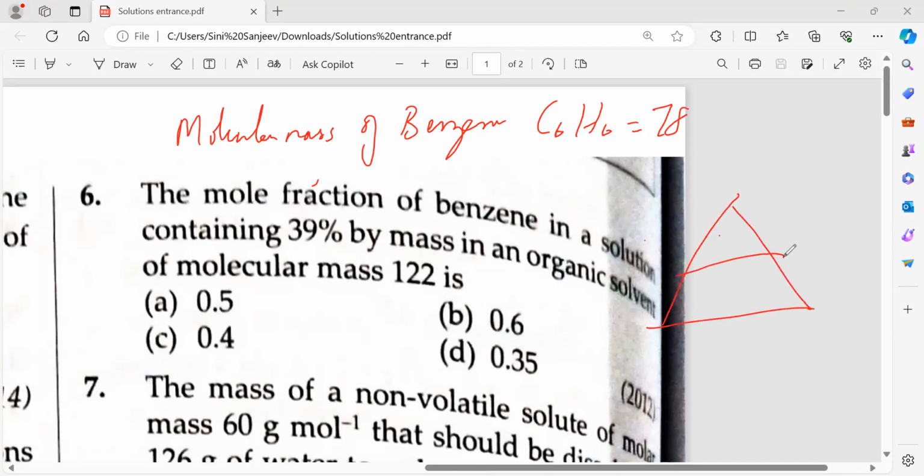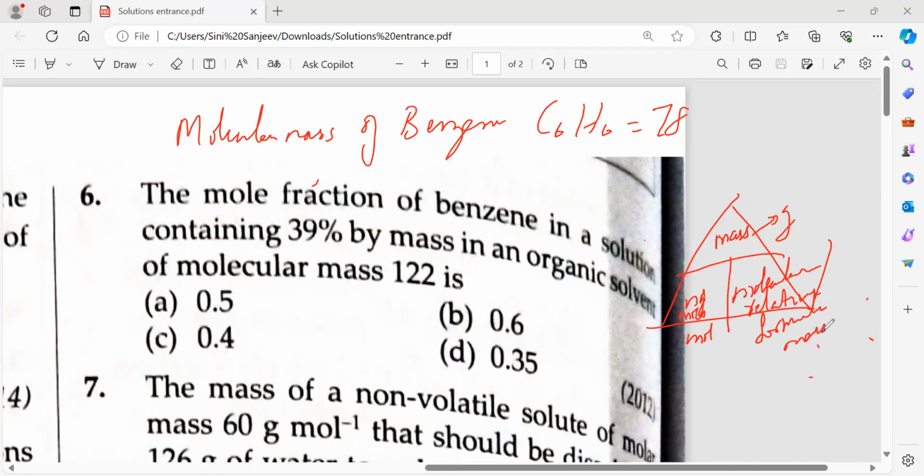What is the triangle? Here N is the number of moles. Here is the mass, which is in grams, and this is the mole. Correct? And here it is the molecular mass or relative formula mass.